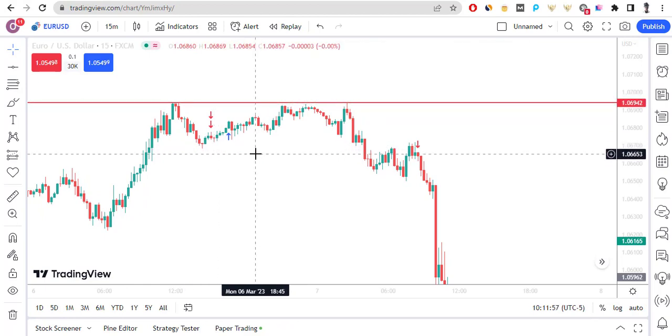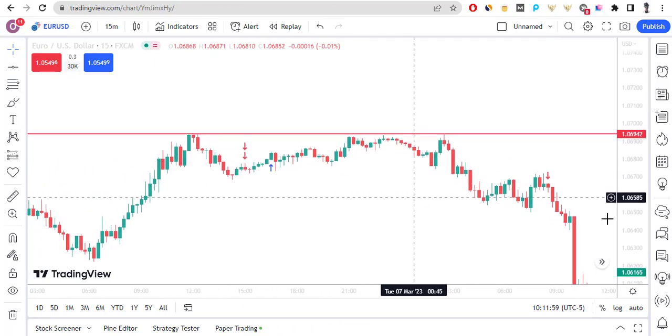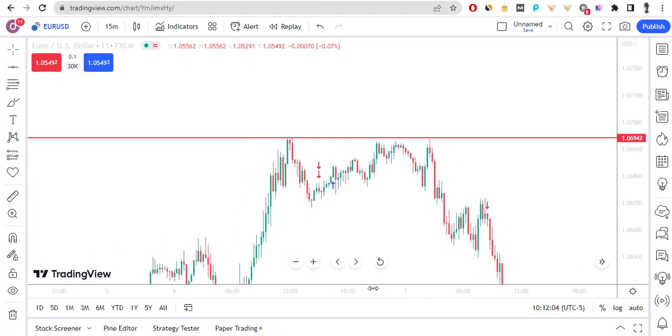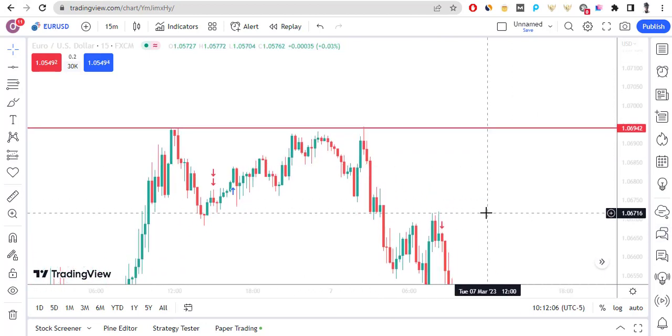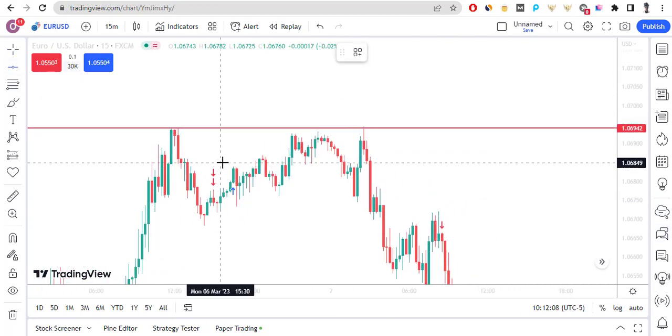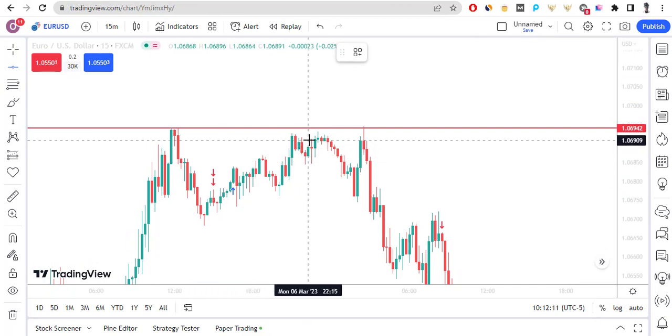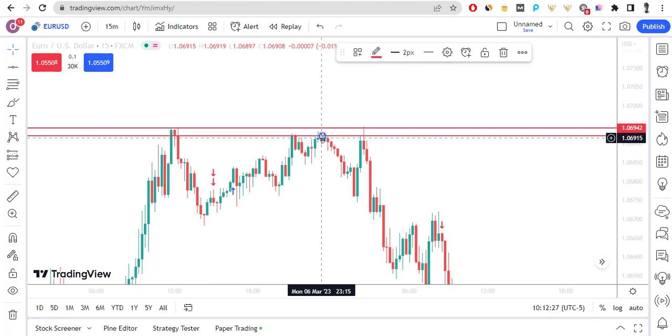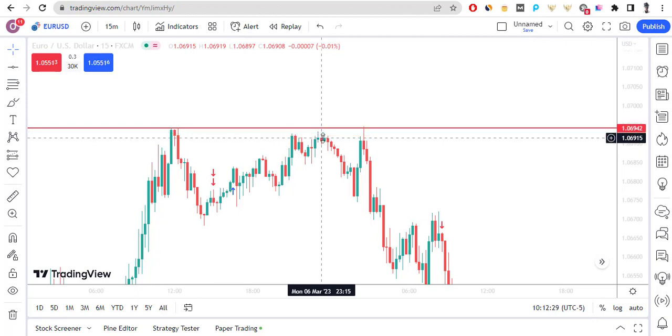What a zone is, we come and add another one like here, above these wicks right here. See this? This is a zone between two lines. That's a zone because this is how it works. Okay.